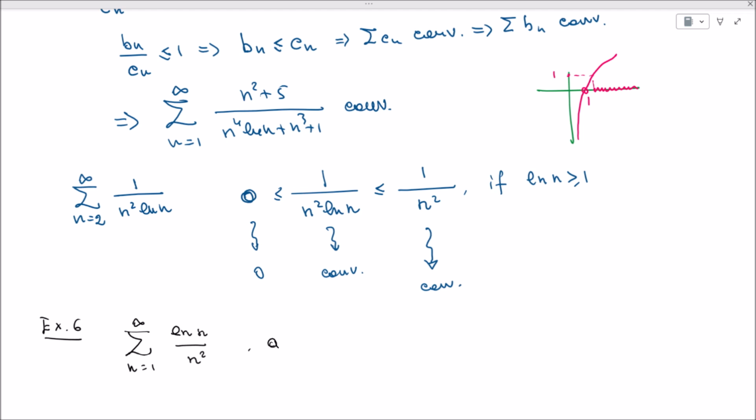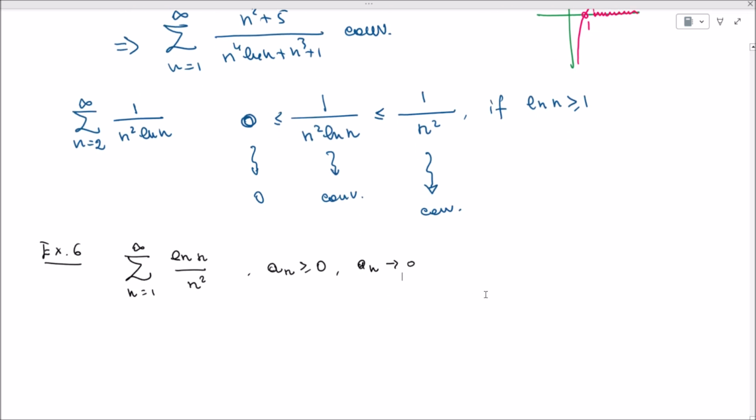Well, in this case, of course, an is larger than or equal to 0. Notice that for n equal 1, the term is defined because you just have 0. So each and every term is larger than or equal to 0. We also see that an tends to 0 because n squared wins over the logarithm of n.